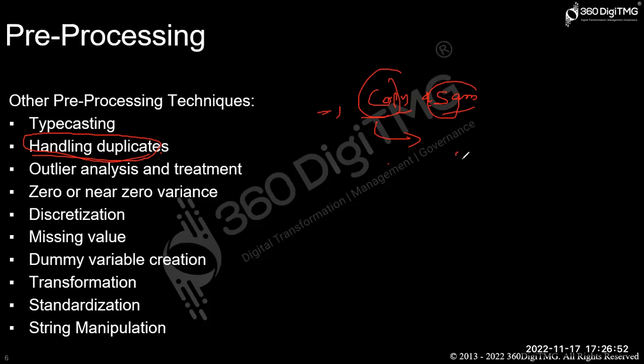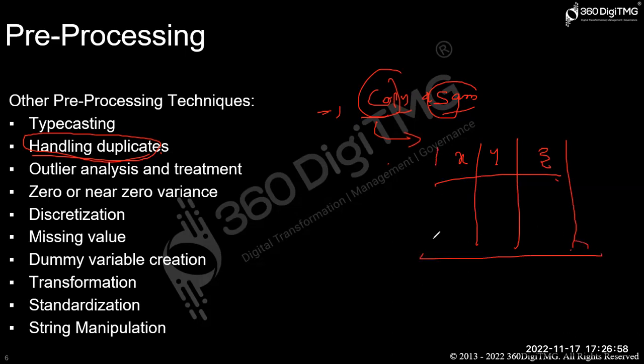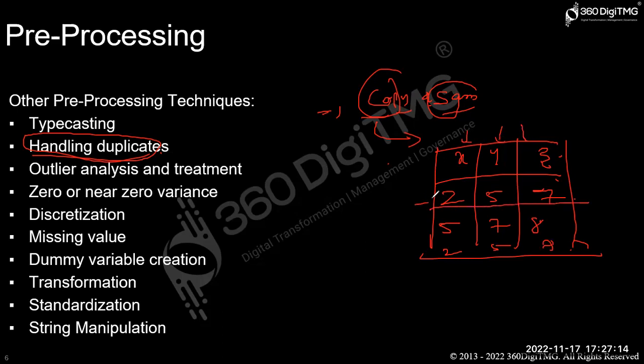Let's say X, Y, Z, these are the features I'll be taking. 1, 5, 7, 2, 5, 7, this is the data I have. 5, 7, 8, this is one more data. Again, I have 2, 5, 7. So whatever features I am considering, the same data I have here and here, so I'll be calling this a duplicate.